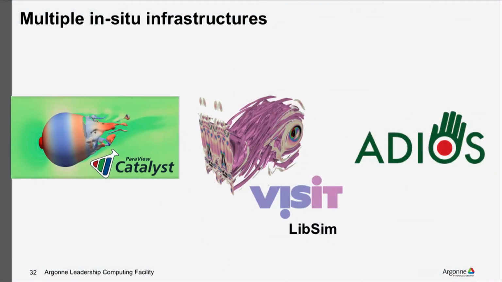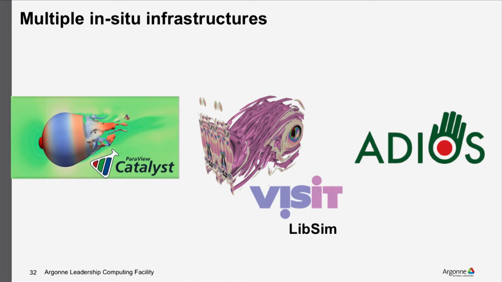For that, we try to leverage existing platforms. So these codes that you see here are essentially codes that are in production, are running at scale, well-known, well-maintained. They have strong teams maintaining them. So one of them is Catalyst. It's a subset of ParaView, and it's specifically designed to run in situ.